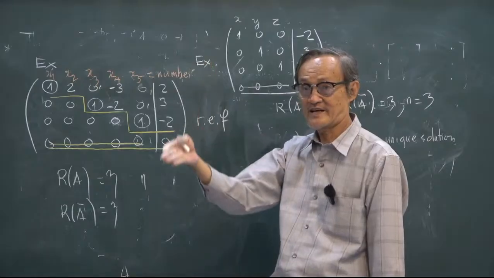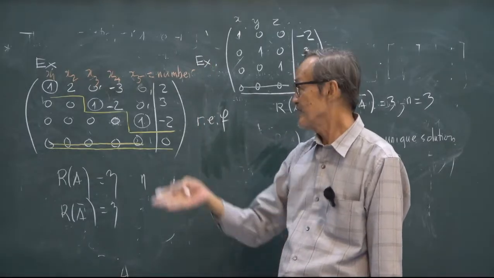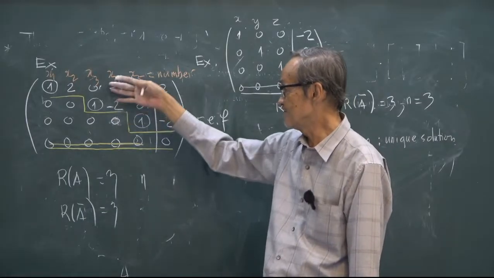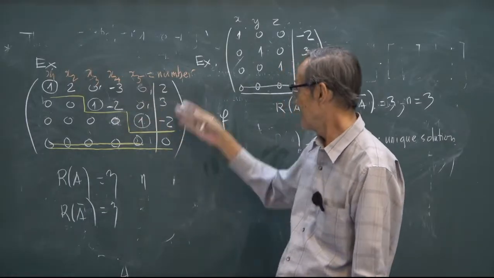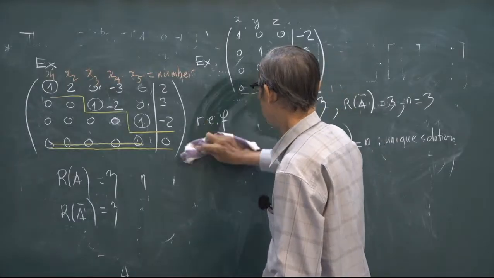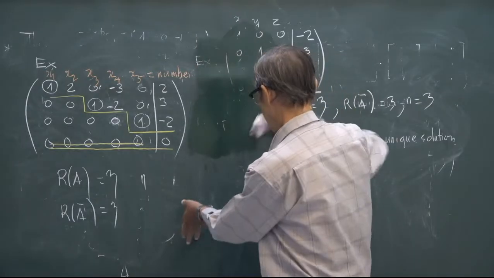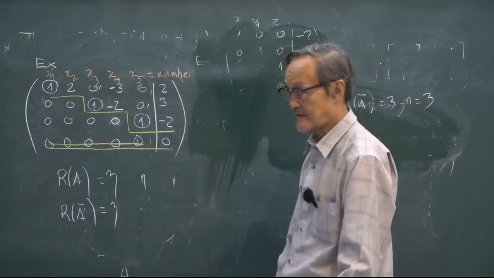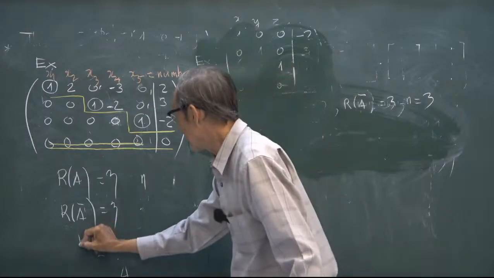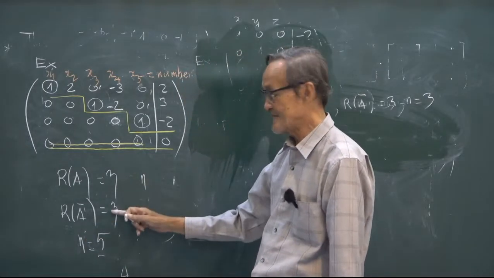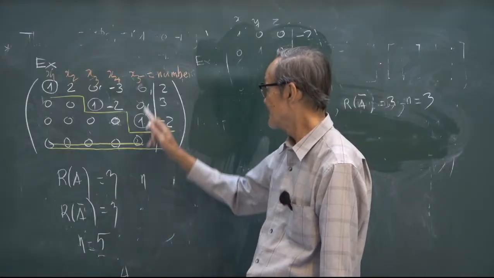The first column x1, the second column x2, column 3, column 4, column 5, and the right side number. Now we compare these values.